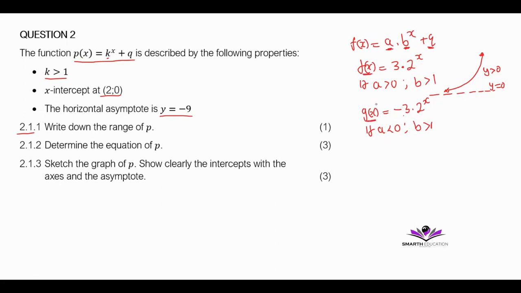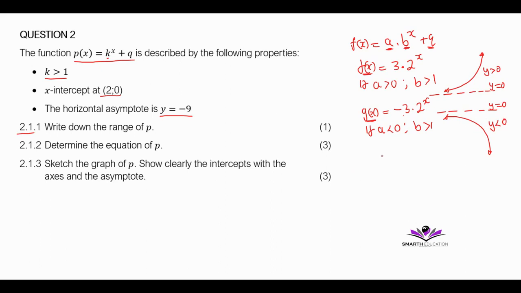So g of x is a reflection of f of x about the x-axis. It's a decreasing graph. The asymptote is y is equal to 0, meaning that the range is y less than 0. The graph is below the asymptote.